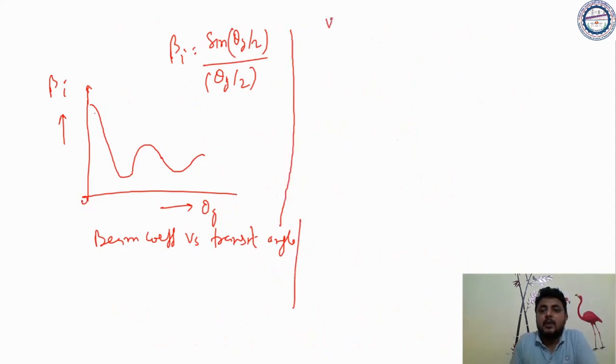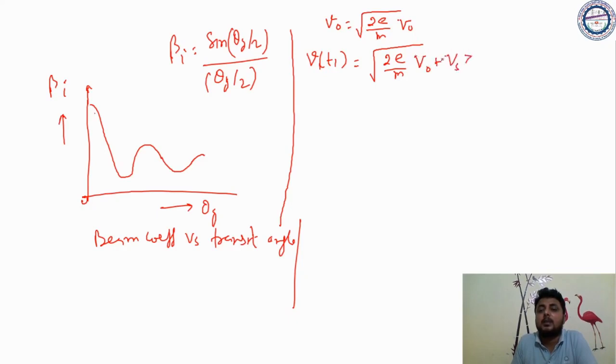Already we have v naught, which is equal to the square root of 2e by m into V naught. Now to have v1, or v of t1, the velocity, we need this 2e by m, and instead of V naught we will have V naught plus Vs, which is applied at the gap.